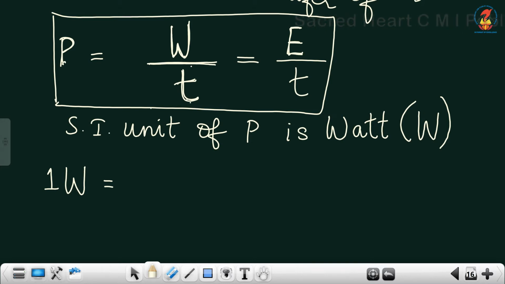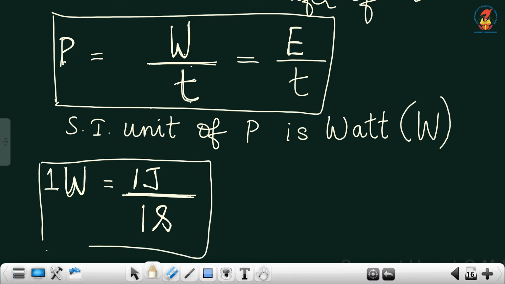So, instead of power, power is 1 watt. In order to get the power as 1 watt, work should be 1 joule by time should be 1 second. 1 joule by 1 second will give you 1 watt. Power is equal to work by time. So, unit power is unit work by unit time.